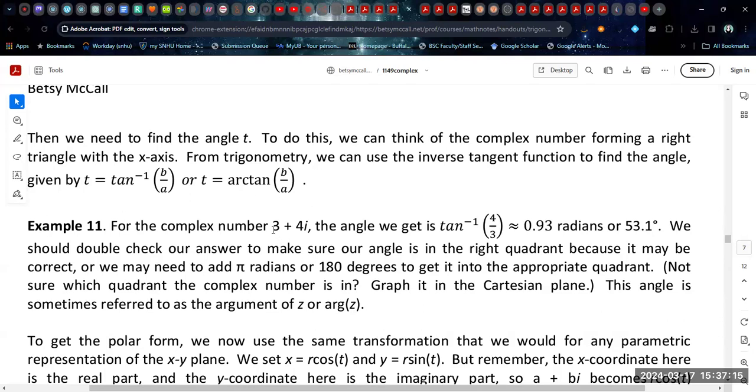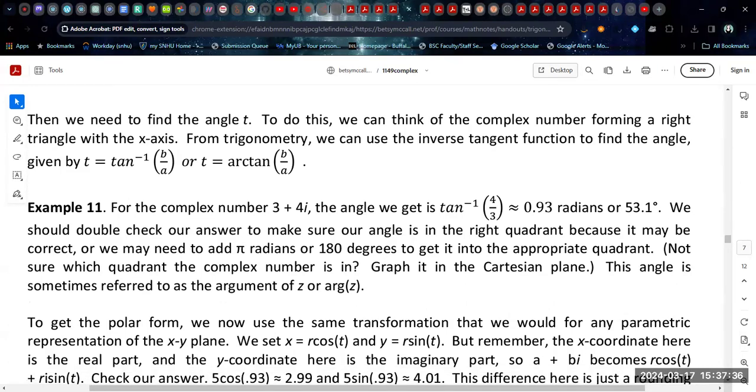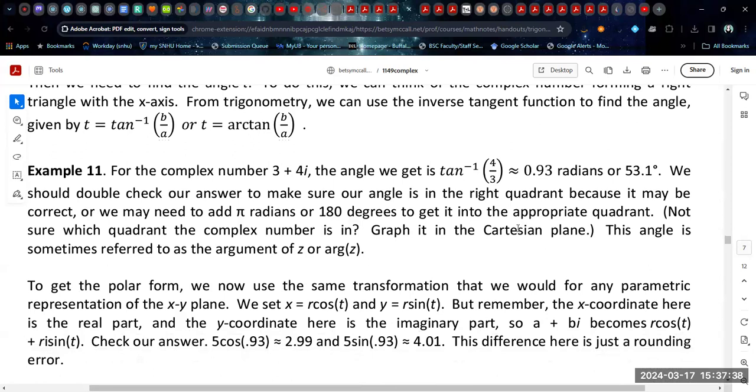So again, we'll look at an example. 3 plus 4i. The angle we get is not a nice one. So we'll represent it as approximately 0.93 radians or 53.1 degrees. This is in the first quadrant, so the inverse tangent is going to give us that value. So we don't have to add pi or 180 degrees in this case.